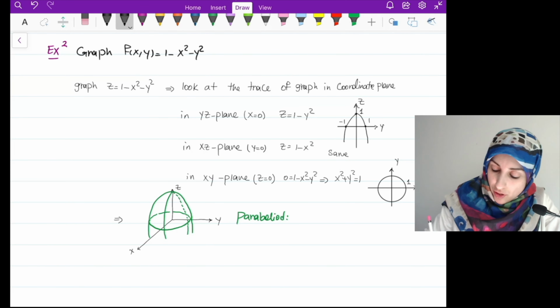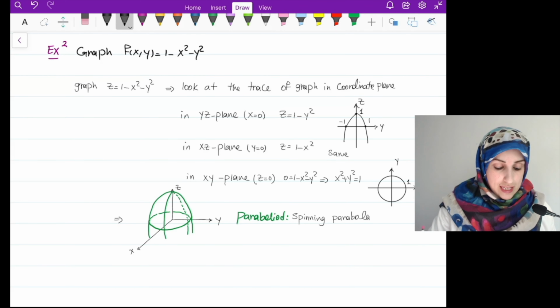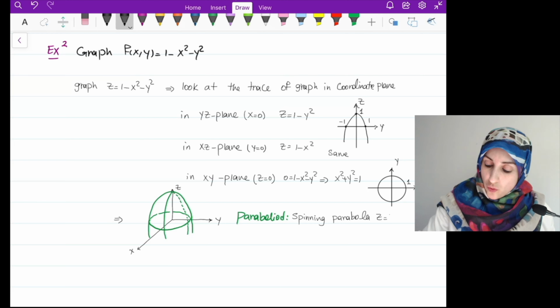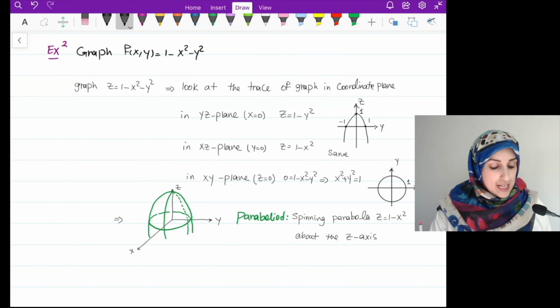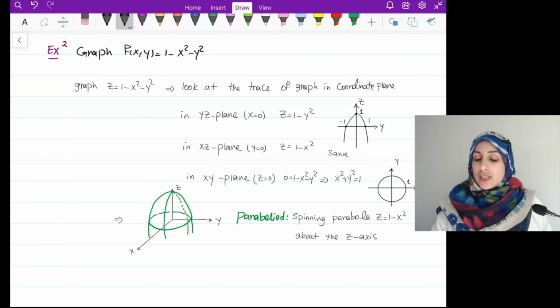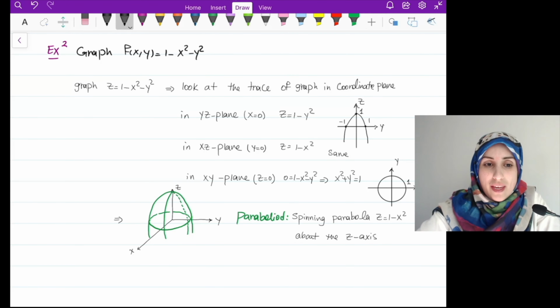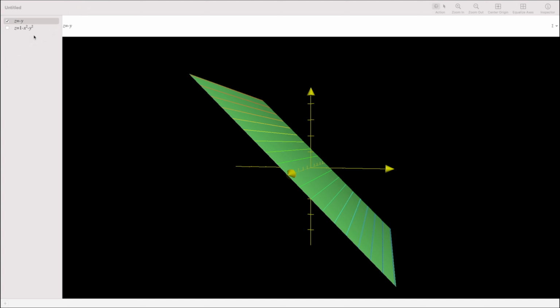And the paraboloid is like spinning the parabola z equals 1 minus x squared about the z-axis, right?